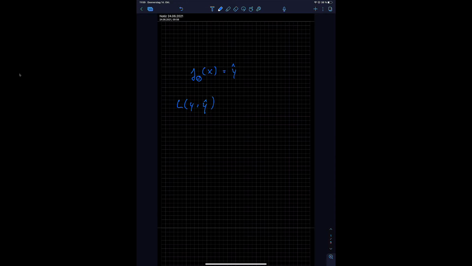And what is important for gradient descent, as the name suggests, is that it works with the gradient of the loss function here. And so typically y hat, as you can see here, depends on parameters. So let's make this clear by writing theta here in the subscript.